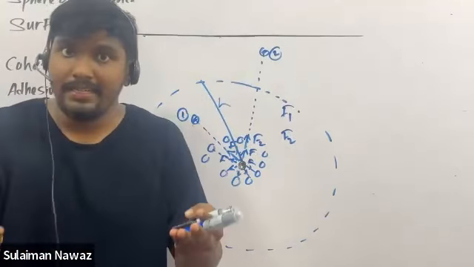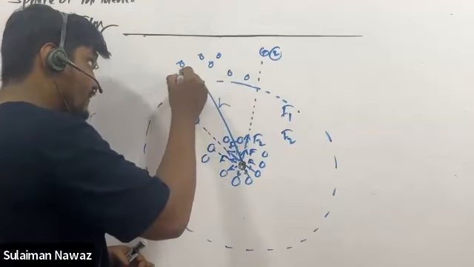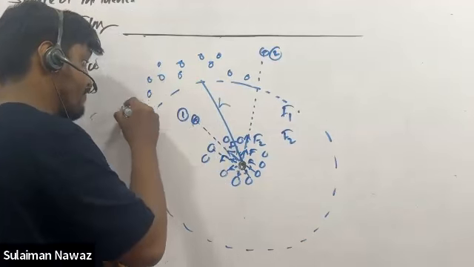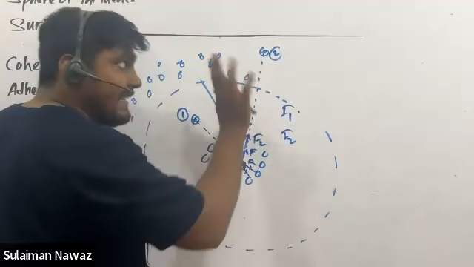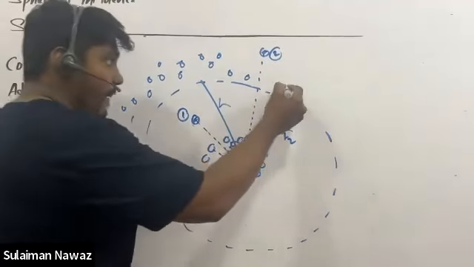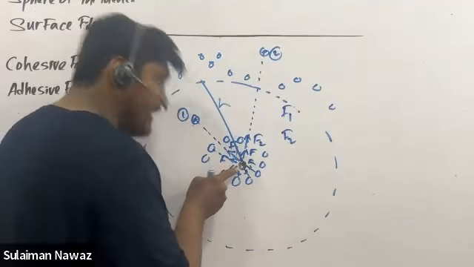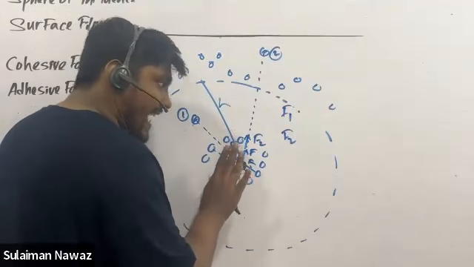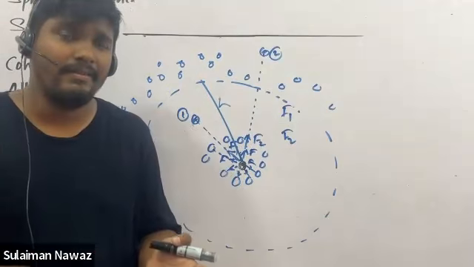Beyond that sphere, the forces created by the particles beyond that sphere on this black color particle are negligible. Even though they create some force, it does not make a big impact.